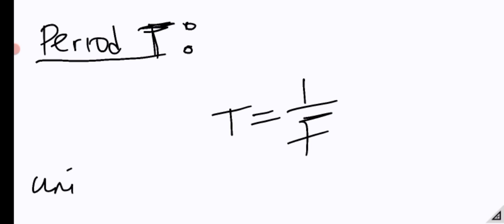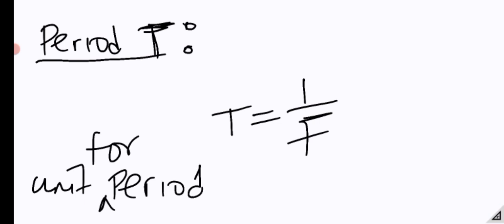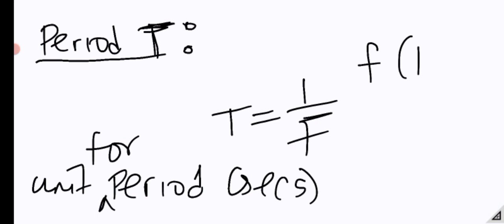Now there's a formula between period and frequency, which is T is equal to 1 over F. The unit for period is seconds, while the unit for frequency is hertz. Make sure you know those things. They are very, very important, right?